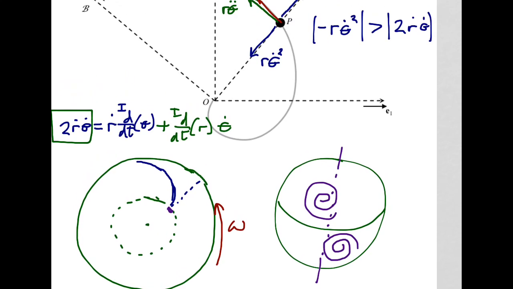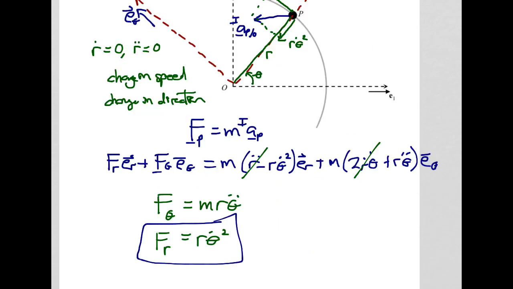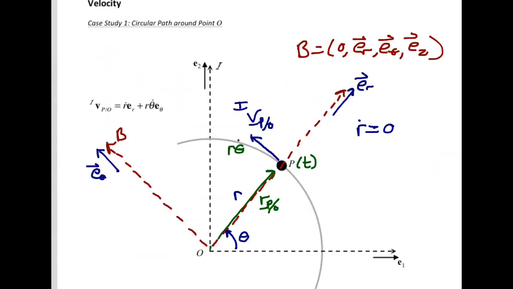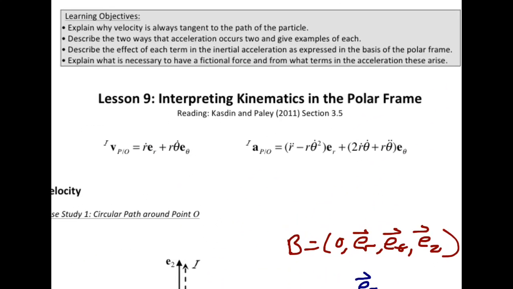So in summary, we've got some great tools now, and more importantly, tools that make sense. Because remember, we can get our answers in lots of different ways, but the polar frame is particularly unique because we're defining these directions, okay?